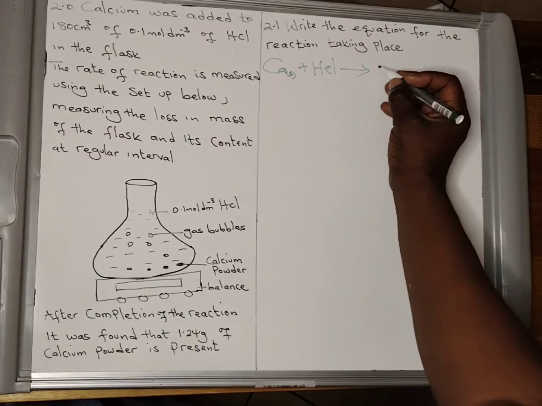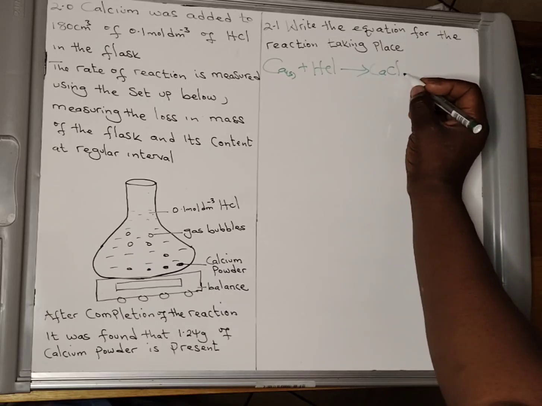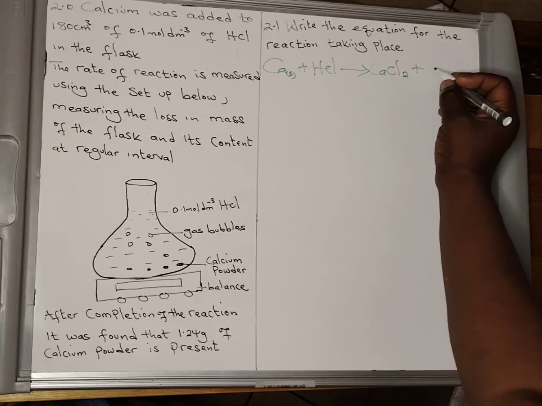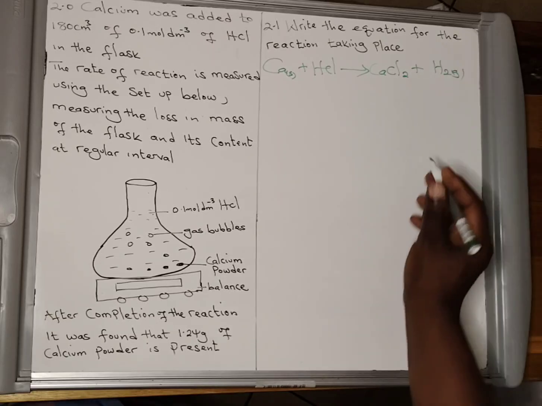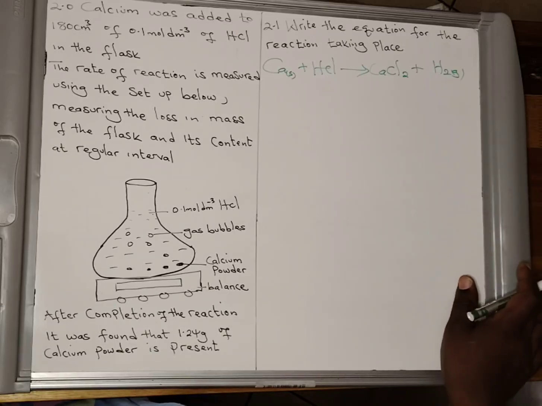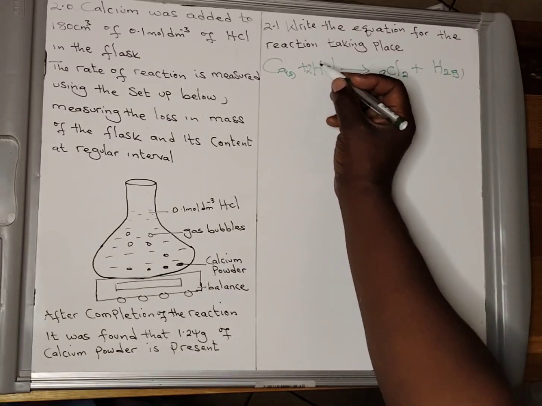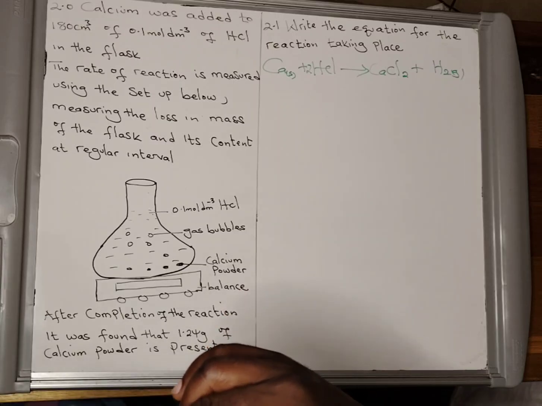Calcium attacks the chloride. Don't forget that the valency of calcium is 2, so we have that one plus hydrogen. Remember, it exists as a diatomic molecule. So that's the reaction we are having. What are we missing? Balancing the equation. Now it is balanced.